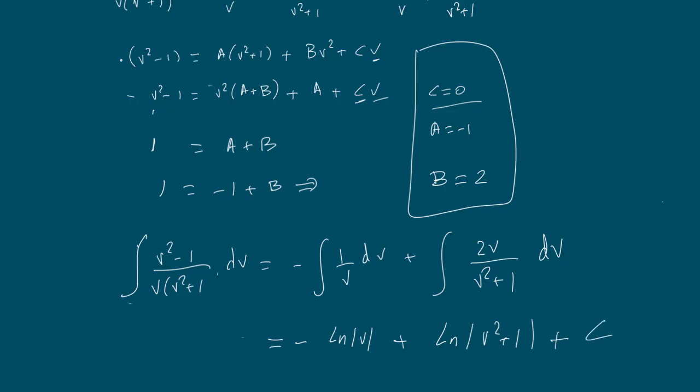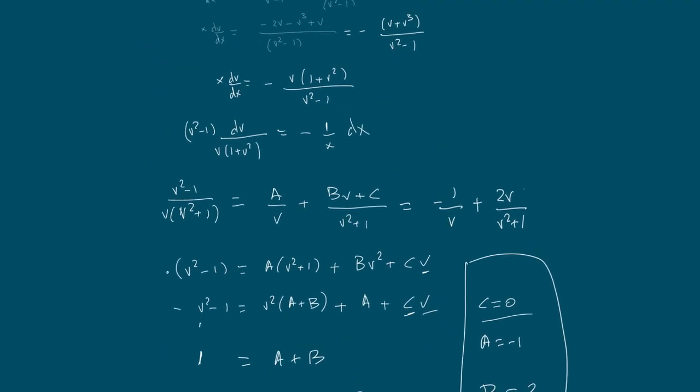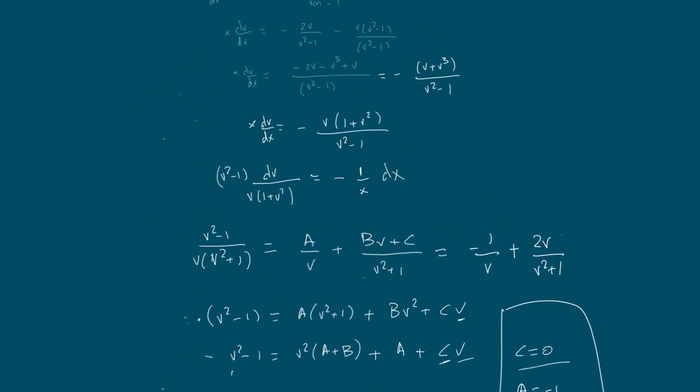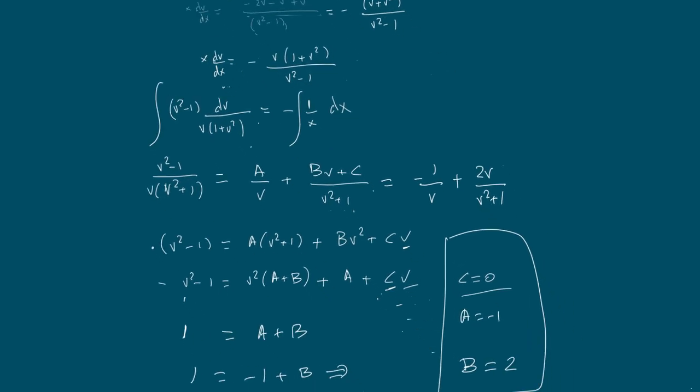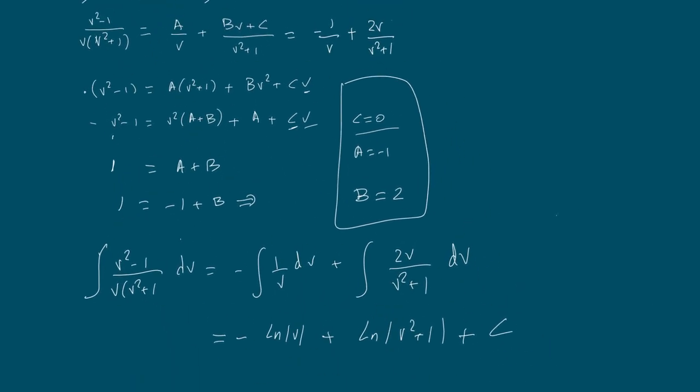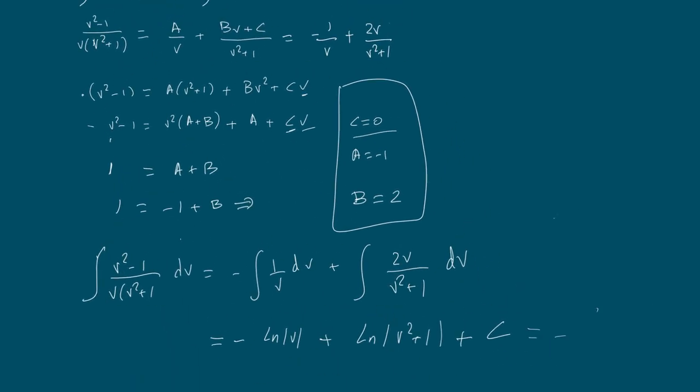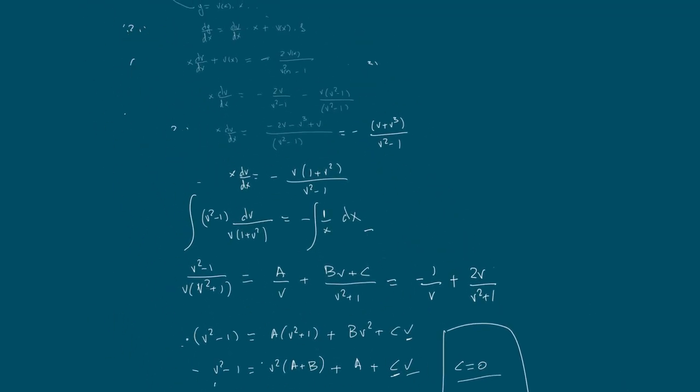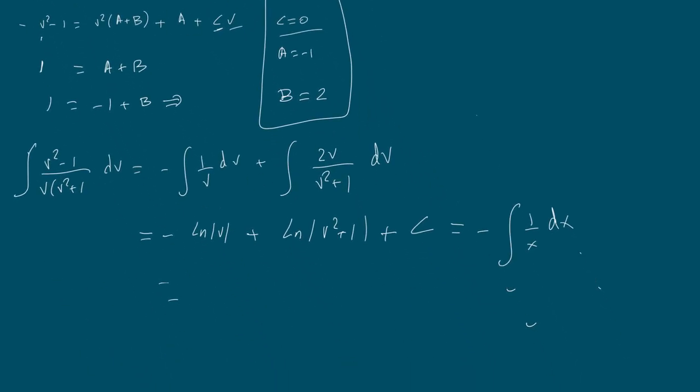And now remember that this integral that I'm integrating here is equal to this integral. So minus equal minus the integral of 1 divided by x dx is correct. So now this is the equation that I have to solve to find v of x.